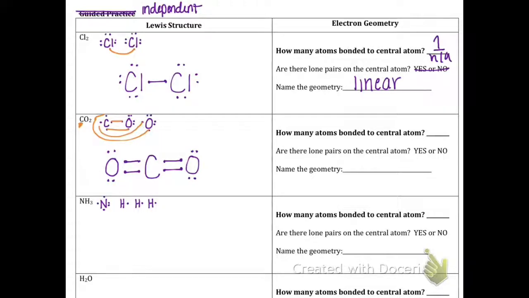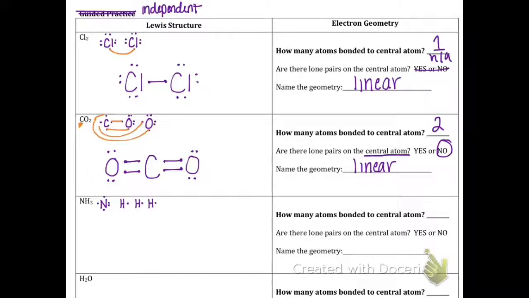How many atoms are bonded to our central atom? 2. Does our carbon have any electrons that are not being shared, lone pairs? The answer is no. If it's 2 and no, if you look back at your notes, that means we create another line. We call that linear.